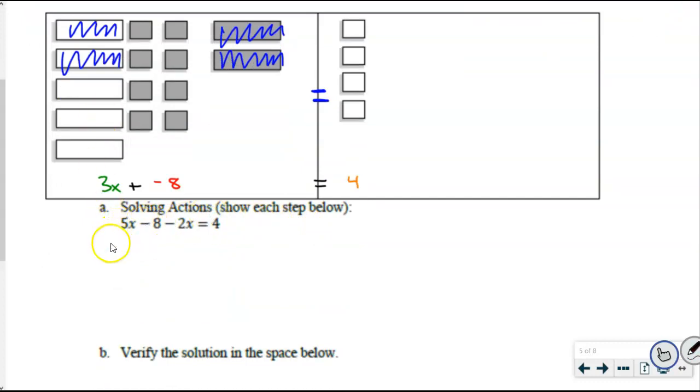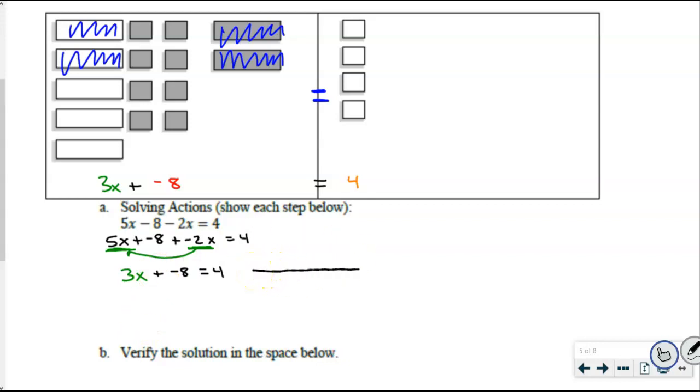First thing is we're changing subtraction to adding a negative. When I do that, that allows me to move these x tiles and those x tiles closer together. 5 x tiles and 2 negative x tiles will combine together to be 3 x tiles plus a negative 8, which is equal to 4.